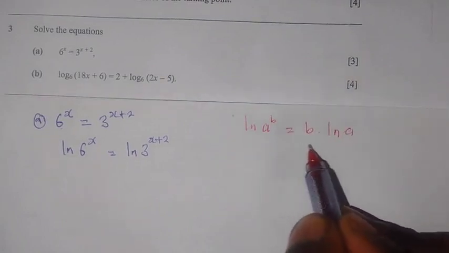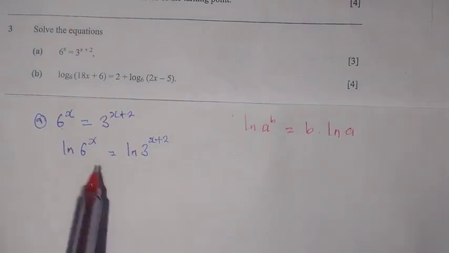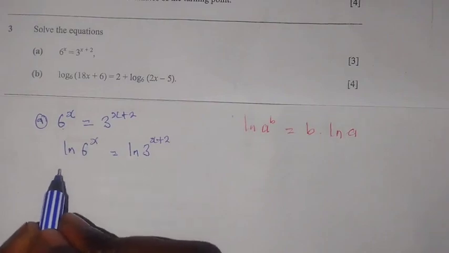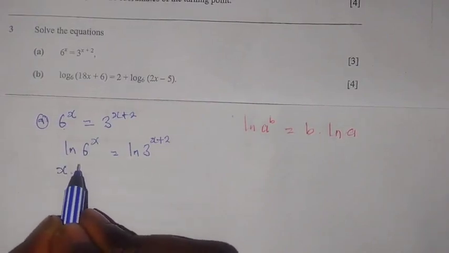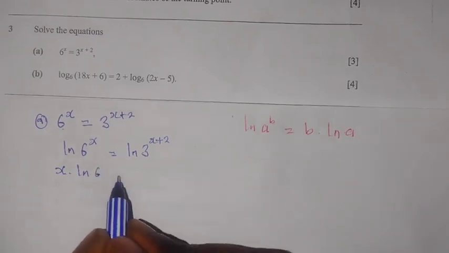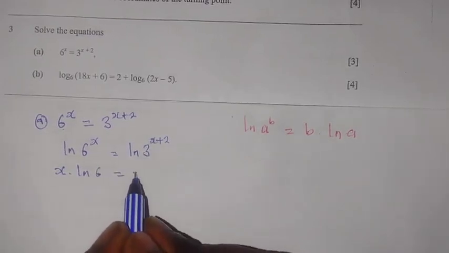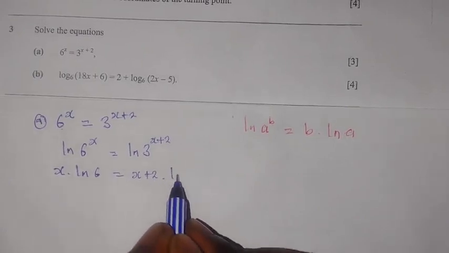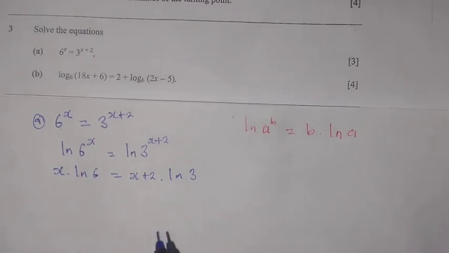The same principle is what I'm going to use on the left-hand side and the right-hand side. So this will be x times ln of 6 is equal to x plus 2 times ln of 3. I hope this is clear.